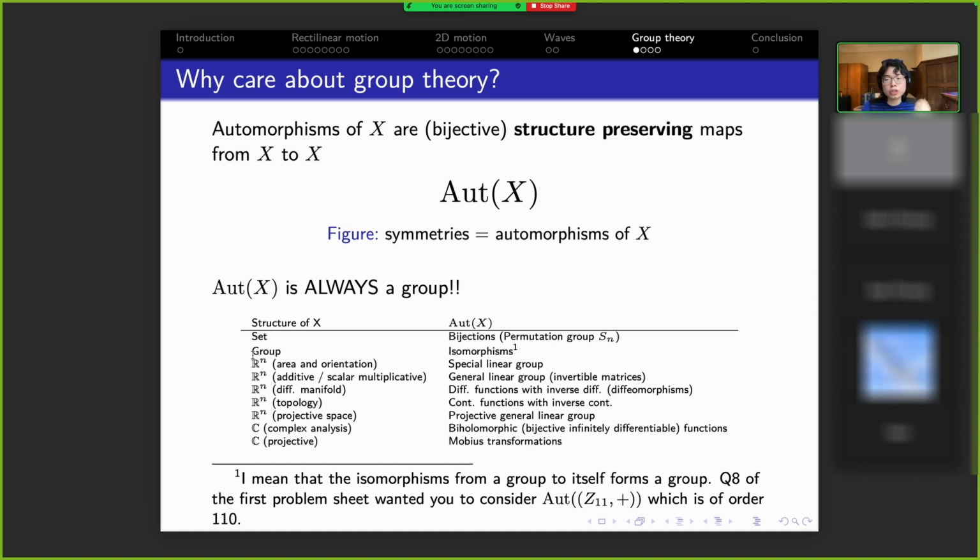And so when we talk about structure preserving maps, not only do we need to preserve the structure of the set, which we can do by bijections, we also need the bijections to preserve the algebraic structure of the group. In this case, we want to preserve the group operation. The way we did it in group theory is that we had this idea of homomorphisms.